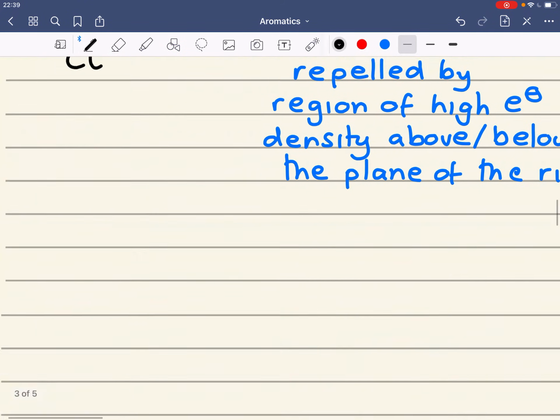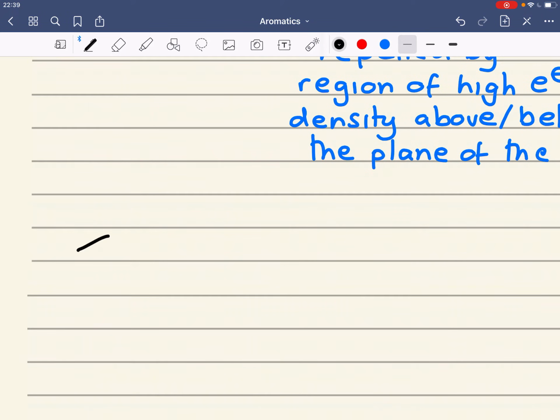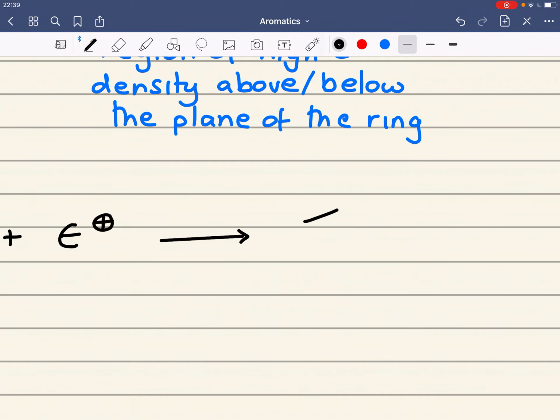Now, benzene will react in such a way where it will try and retain the delocalization stability. And the only way it can do this is if it reacts with the electrophiles in a substitution reaction. So what we get then is that the electrophile actually replaces the hydrogen in the benzene ring.